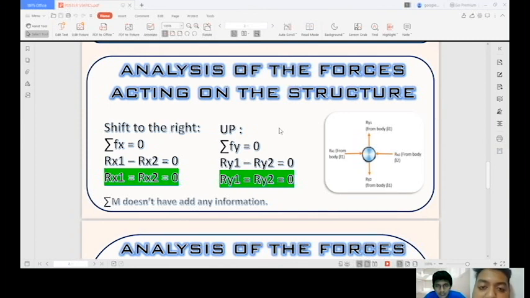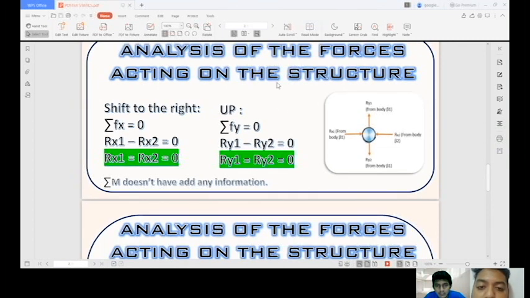When the force is up, the total force Fy equals 0, where Ry1 minus Ry2 equals 0, and Ry1 equals Ry2. From the second diagram here, you can see the forces on the pin, where Ry1 is from the body, and Ry2 and Rx1 and Rx2.